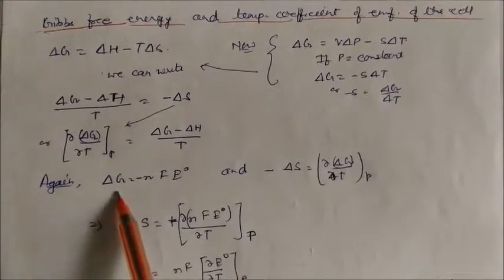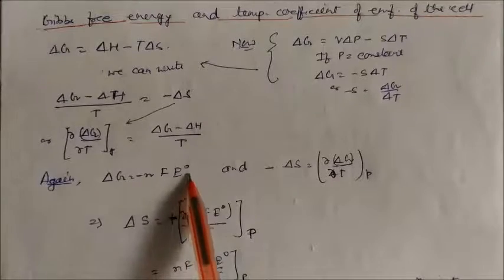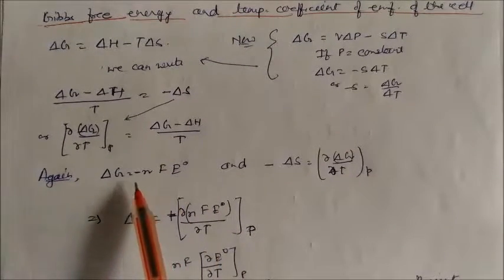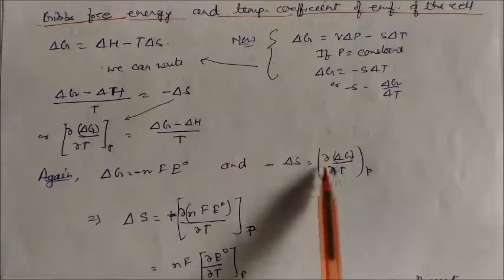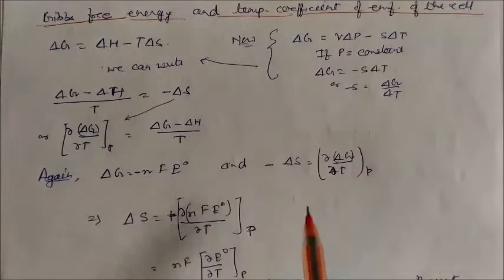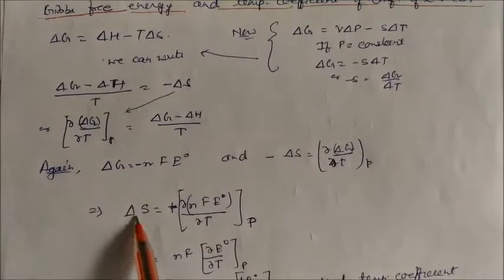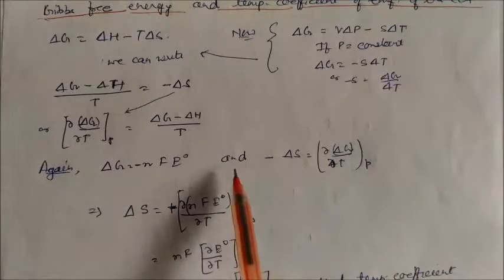And delta G is equal to minus n F into the EMF of the cell, this is the formula. So we can write delta S is equal to this value, and we can substitute it.